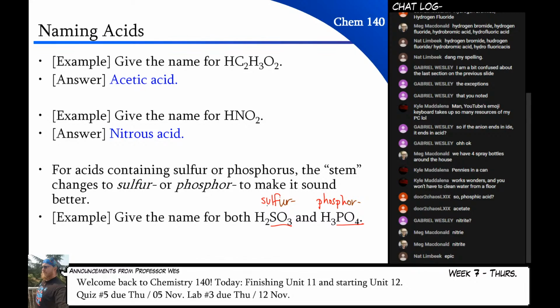So instead of sulfous acid, it becomes sulfurous acid, and this becomes phosphorous. So this one right here, H2SO3, would be sulfurous acid. And H3PO4 becomes phosphoric acid. Why? Just to confuse first-year chemistry students, I guess. I don't know.